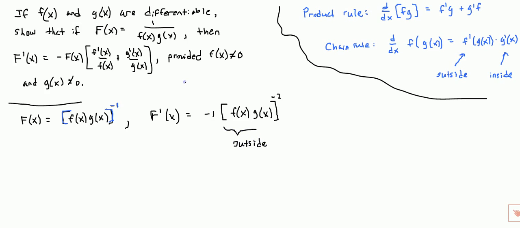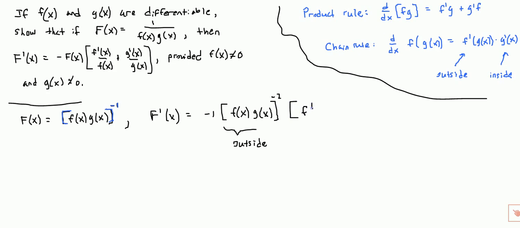And then I need to take the derivative of the inside, right? So what's the derivative of the inside? That's the derivative of f of x times g of x. What does that look like? That's just the product rule, right? We wrote it up here, the derivative of f times g.